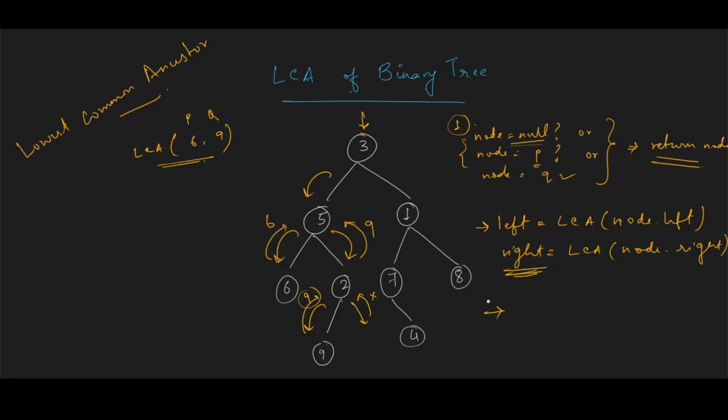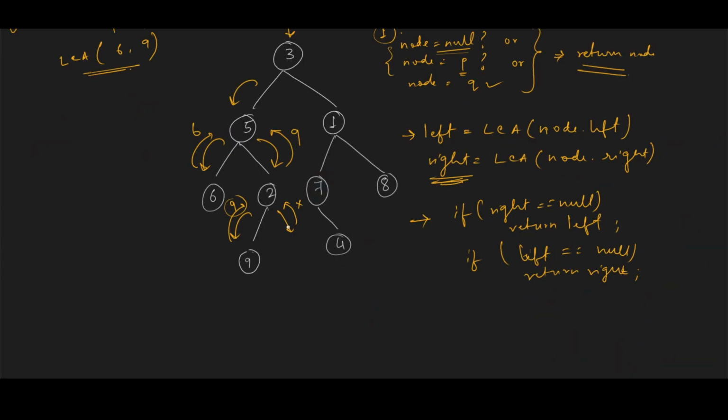So the condition would be, if right equals null, then we return left. Similarly, if left is null, we simply return right. Note, if one of left or right is null, then only we return the other value.